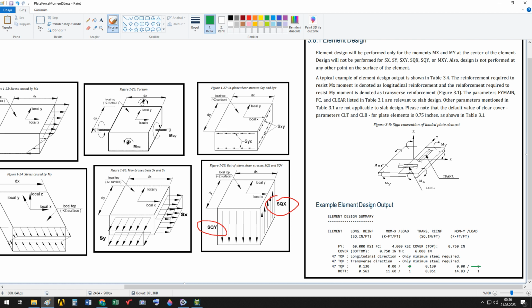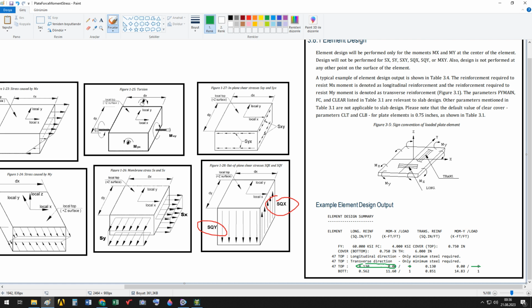So at the top, reinforcement because of mx. So this is the top longitudinal direction.